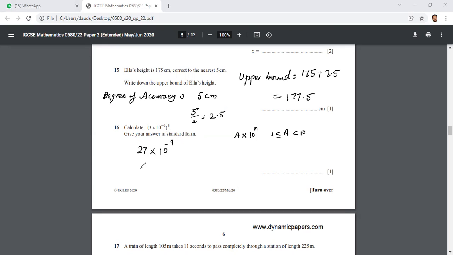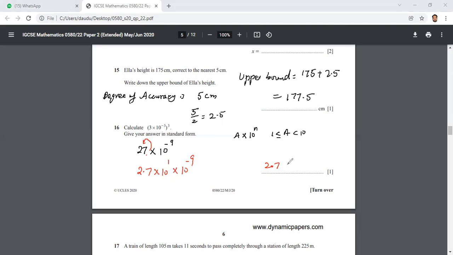But still it's not a standard form. Our point position is at the very right, so bring it one place left. It means it is 2.7 multiplied by 10 power 1, because we are moving the point from right to left. This is already there, 10 power minus 9.